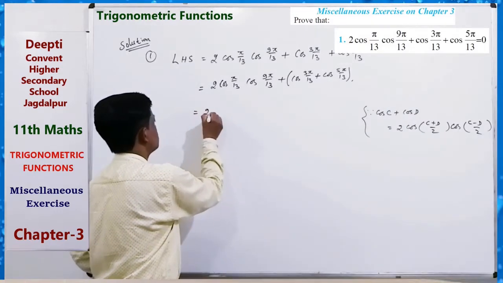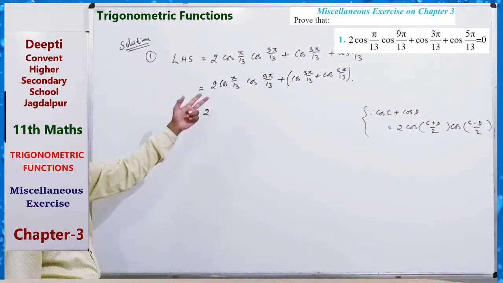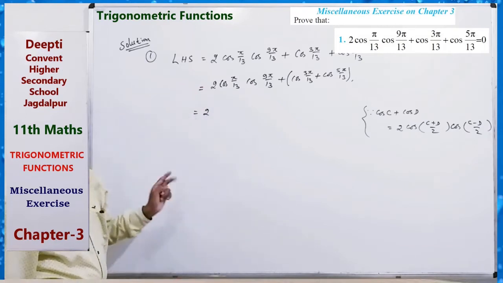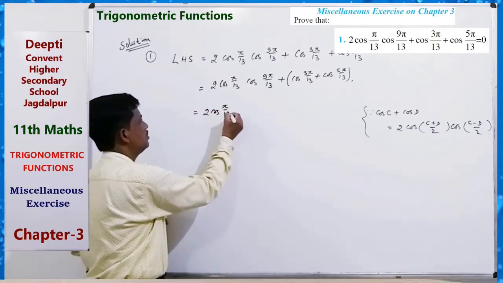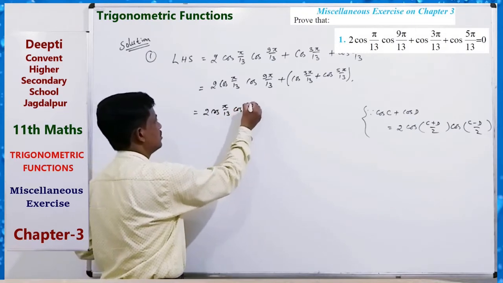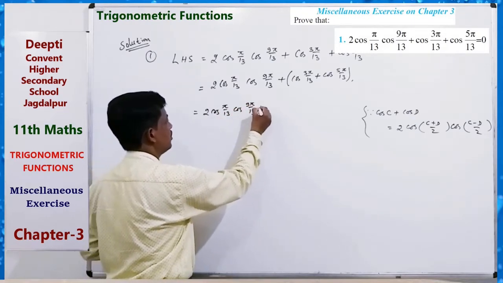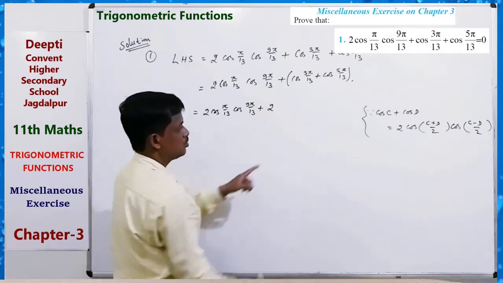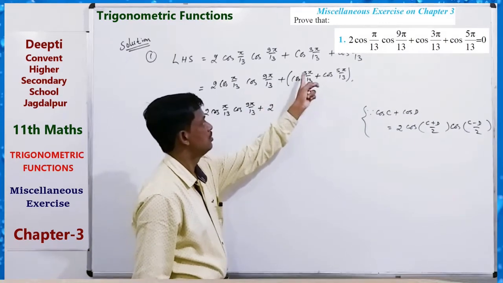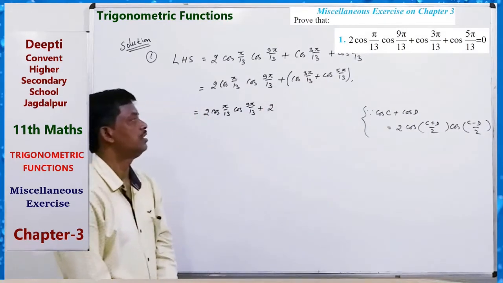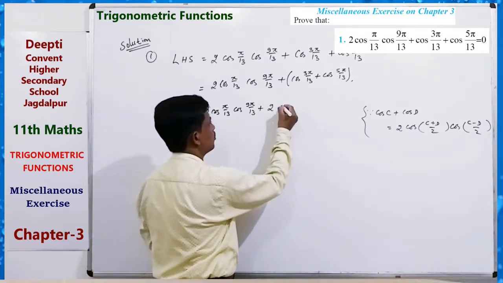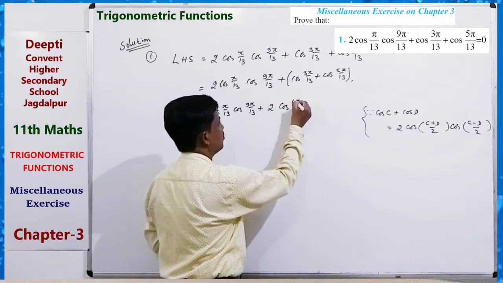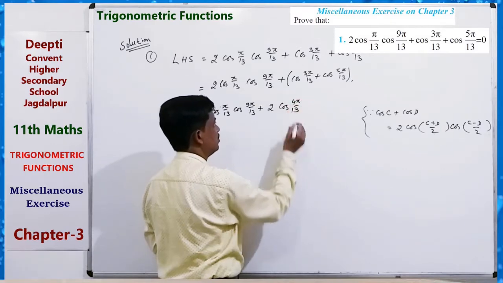So our target is to solve this. So 2 cos pi by 13 cos 9 pi by 13, plus here 2 times cos of (c plus d) by 2: 3 plus 5 is 8, 8 by 2 is 4, so cos 4 pi by 13.